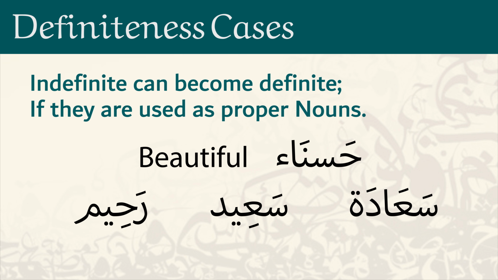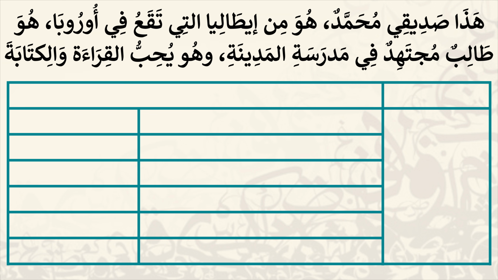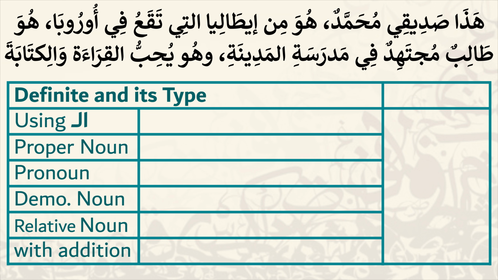Now let's have a little exercise. We have a small paragraph here, and we are to classify each and every word as definite or indefinite. In case of definite, we want to specify which type of definiteness it is. Look at this table here. It contains the 6 types of definiteness and another space for indefinite.